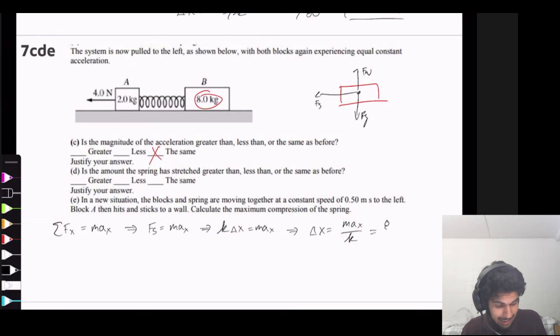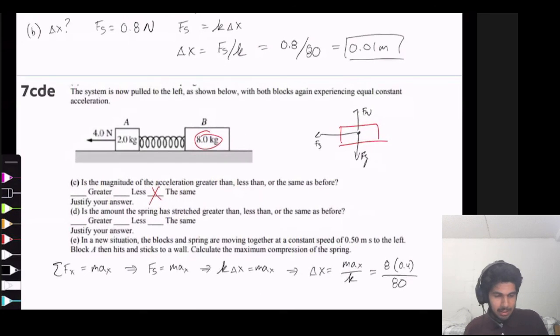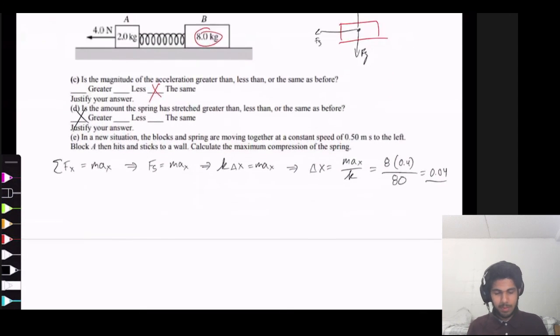Mass now is 8. Acceleration is the same as before, which is 0.4. And k is equal to 80, same as before. And we can see that this will actually be greater than this. I believe that this comes out to what? 0.04. So that's greater than this. So answer D is greater.